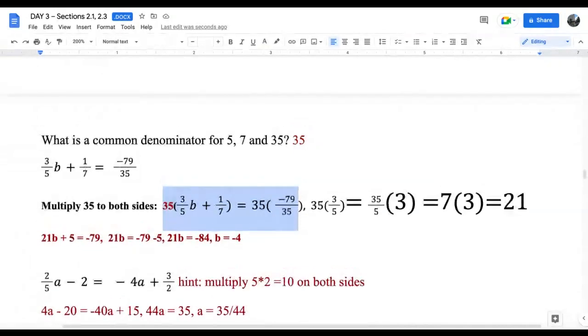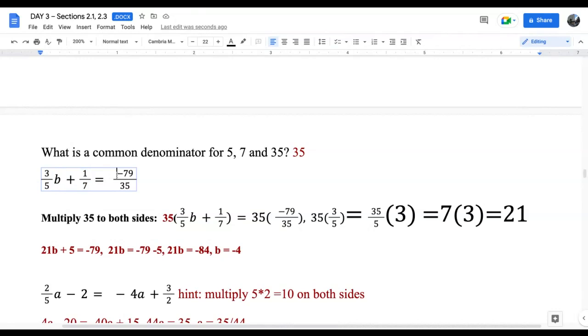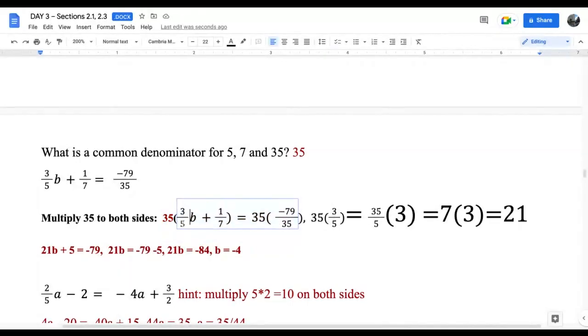We have 3 terms. 3/5b is one term. 1/7 is one term. -79 divided by 35 is one term. So we multiply 35 with 3 terms. Well, 35 times 3/5b. 35 divided by 5, because this 5 is a denominator.